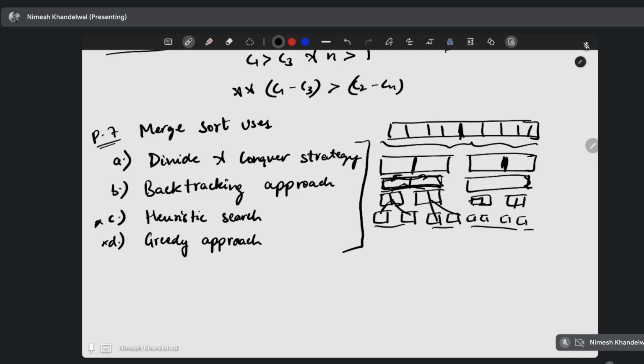And essentially what we do in merge sort is divide and conquer. Basically we divide each array and then we sort after dividing, right? And since it is recursive, by definition whenever we start sorting any two arrays, they will between themselves be sorted.